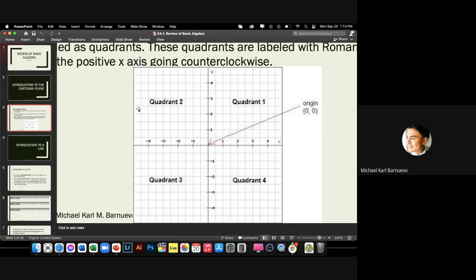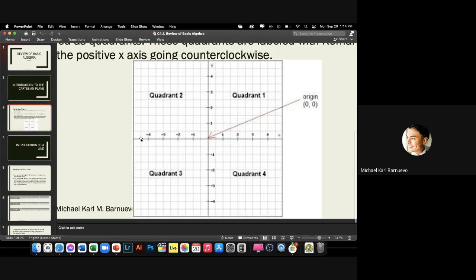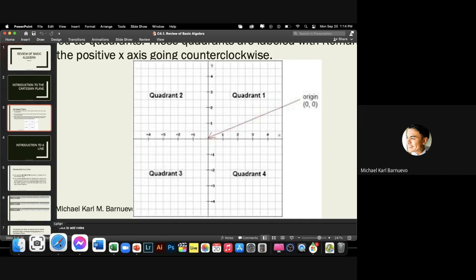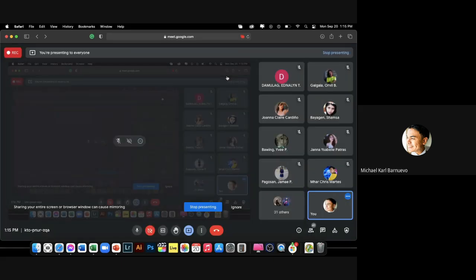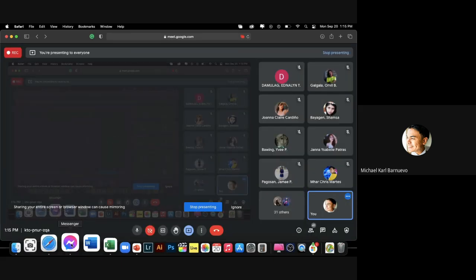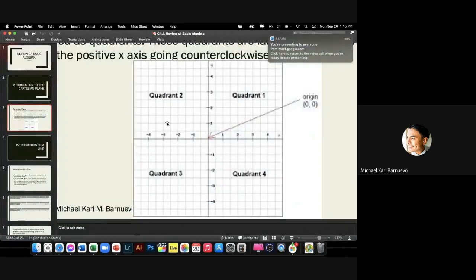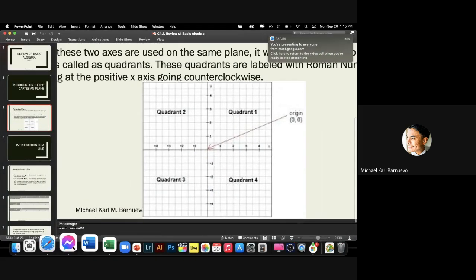For quadrant 2, y is positive while x is negative. In quadrant 3, both x and y are negative, while in quadrant 4, x is positive and y is negative. Make sure to remember that. Our origin is in the middle, (0, 0). And when you say (0, 0), x and y are 0. I'm sure you still remember these concepts.